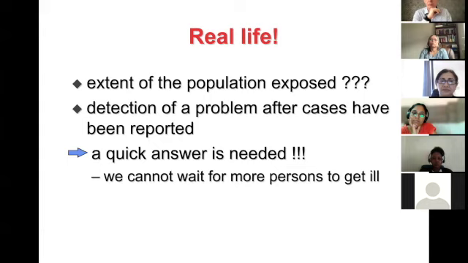So we need quick answers. We normally hear lots of people are ill. So what do we do? We can't always set up a study and wait 2 years, or a long time, however long it may be. We cannot wait for more persons to get ill. It's not ethical in some situations. So therefore the cohort study is not always applicable. We have to think about it.